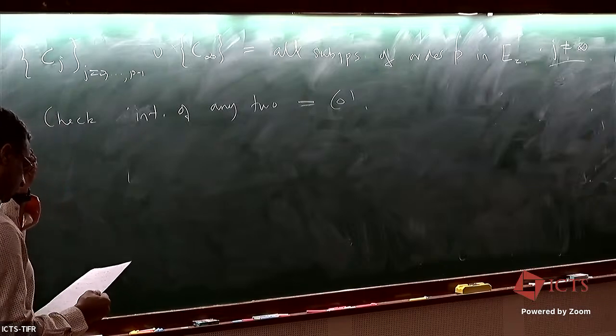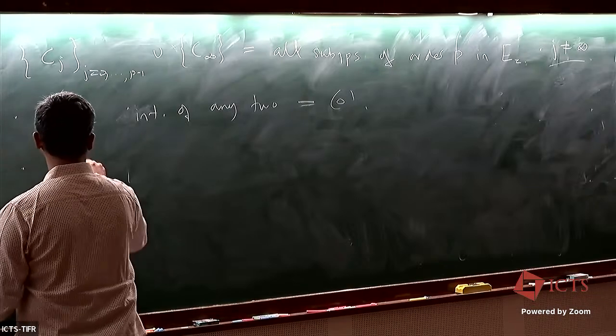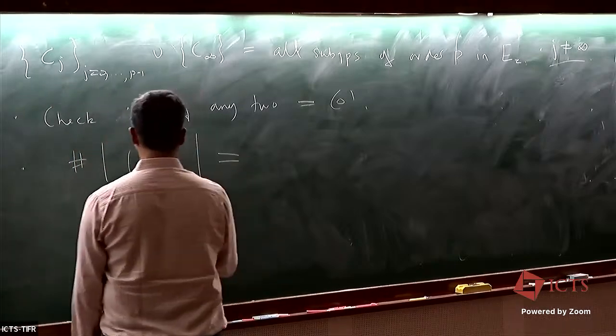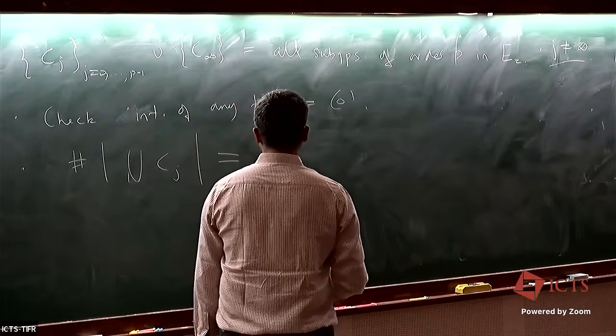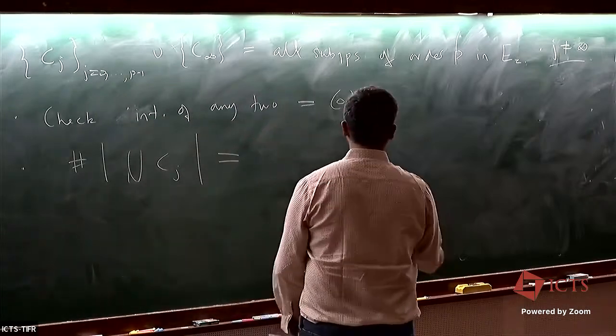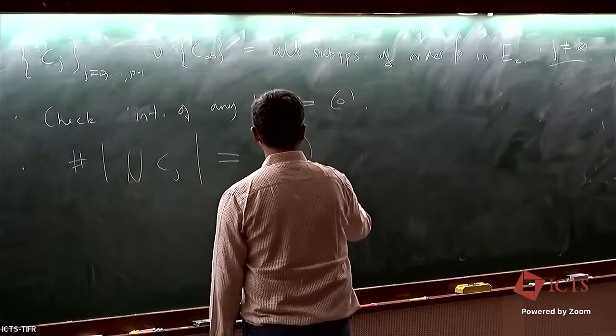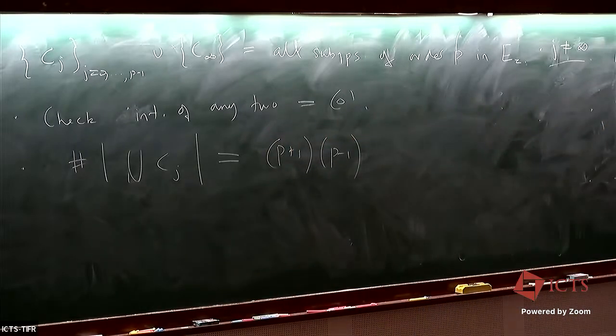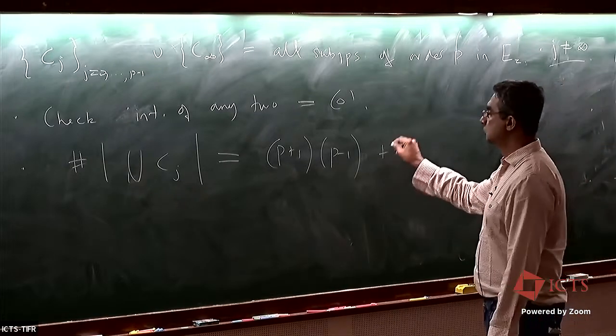And the union, therefore, the cardinality of their union, including J equals infinity here. So how many of them are there? There are P plus 1 of them, and P minus 1 elements of order P in each. If you drop 0, then you have to include 0.